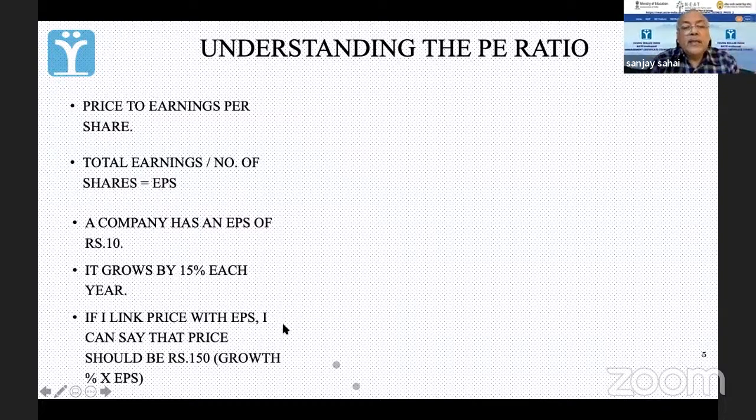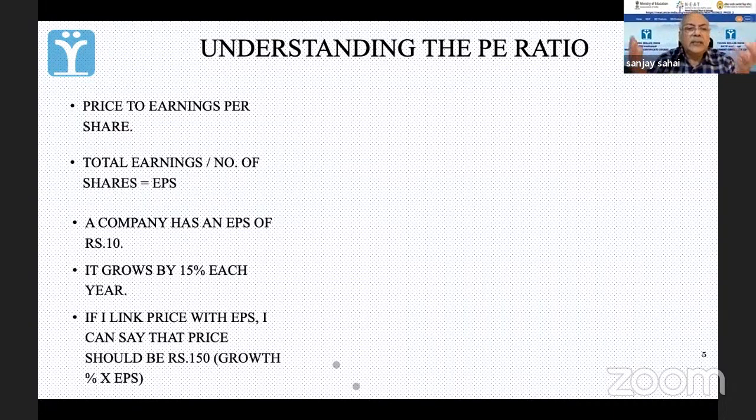So basically what I'm saying is that if this company can grow at 15% each year, then the PE, the price, should also be 15 times. This is just, what shall I say, like a back of the envelope calculation.